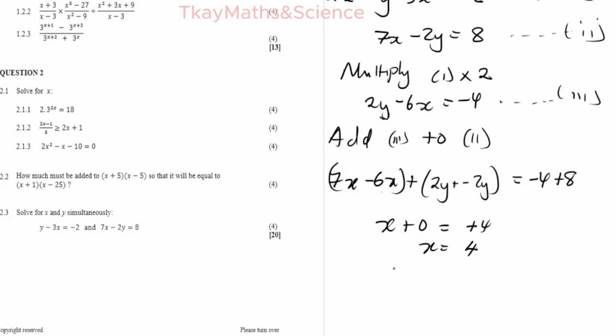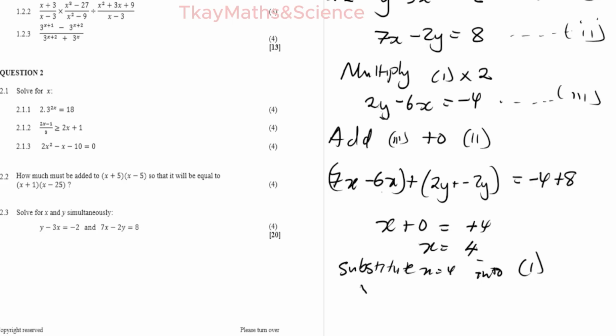So now when you get x, you can substitute this x into any of these equations that we have, 1, 2, or 3, but let's just use 1. Okay, substitute x is equal to 4 into equation 1. Now we're going to get what?